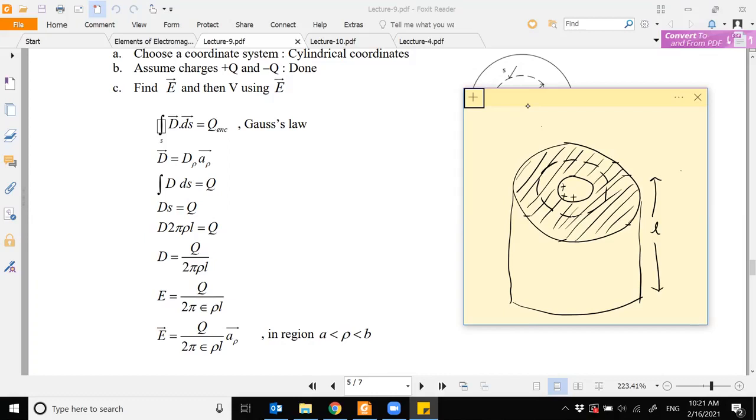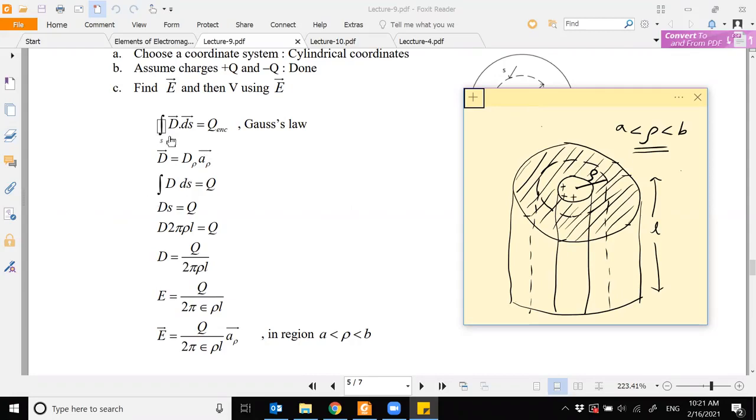And this is your center conductor. And my hypothetical cylinder is this one. So my hypothetical cylinder has a radius of rho, and my rho is in between A and B, right? Because I want to find the electric field in this region. Rho is between A and B.